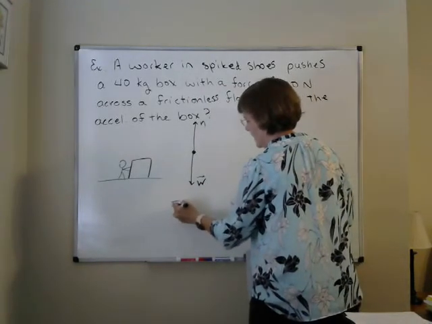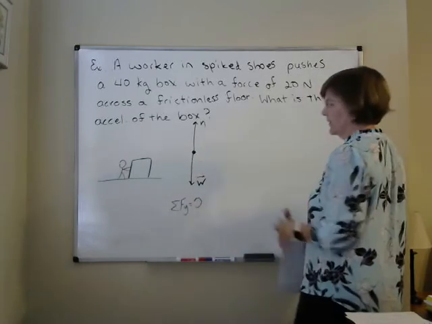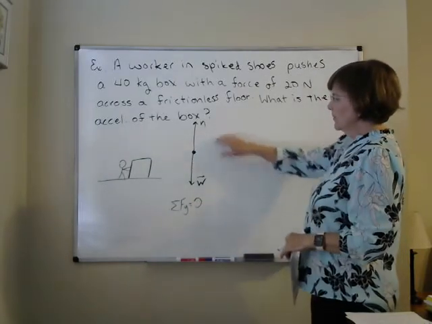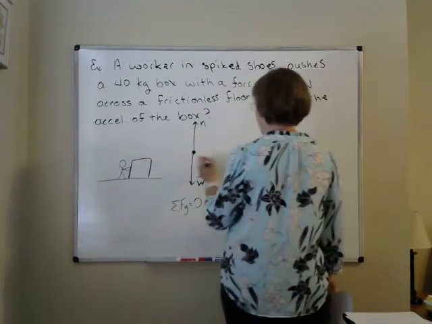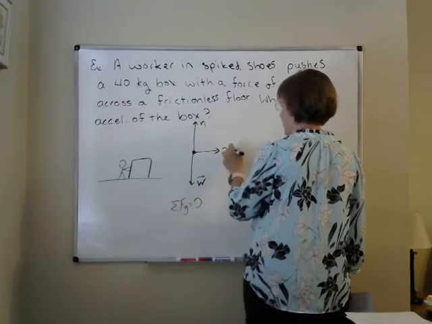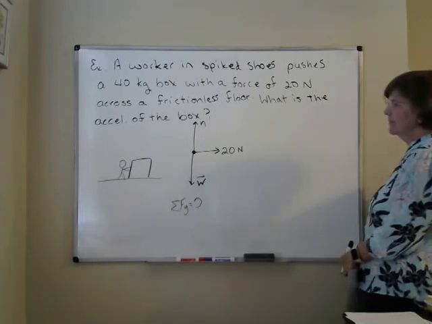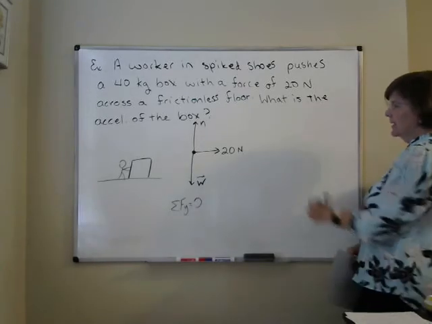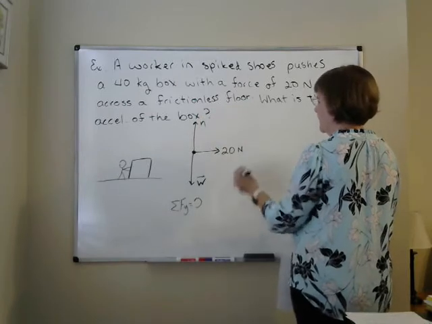We know the sum of all the forces in the y direction is 0, so we're not really very worried about that. The normal force and the weight are going to exactly cancel out. But he's pushing it with a force of 20 newtons. So we have this other force, 20 newtons. Those are the only forces in the problem. So there's obviously no acceleration that way.